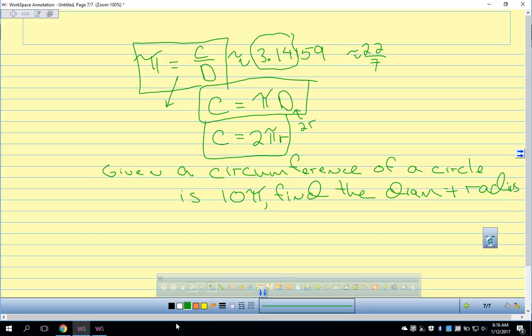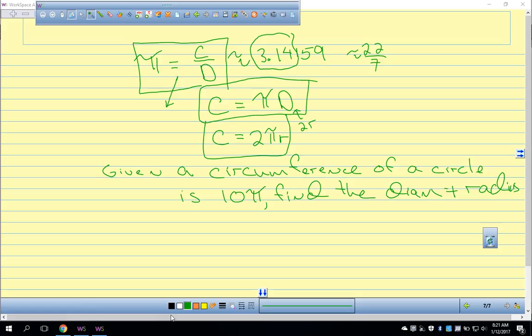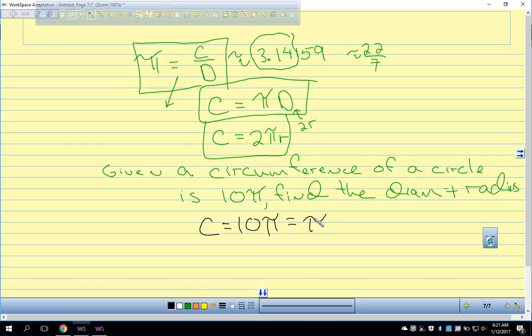What's the diameter? That's right, the diameter is 10. You can just look at it and say the diameter is 10, or you can say circumference is equal to 10 pi, and that's equal to pi times d.